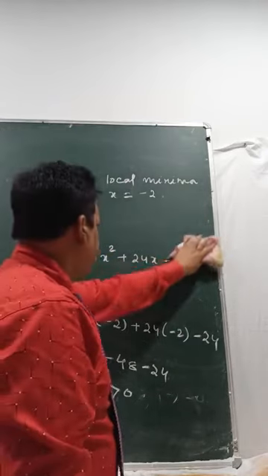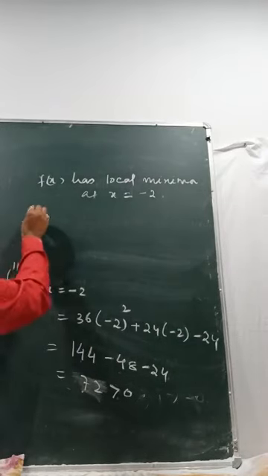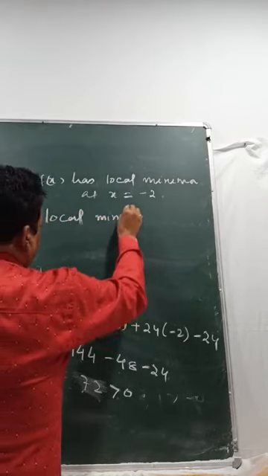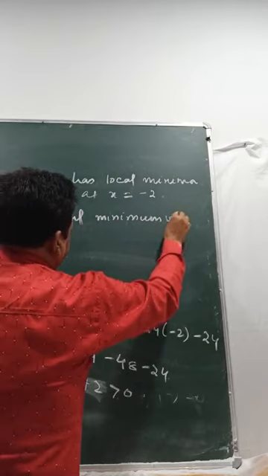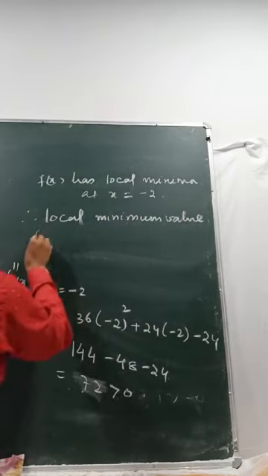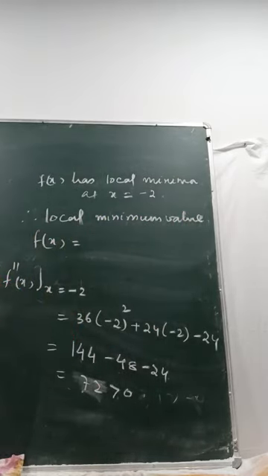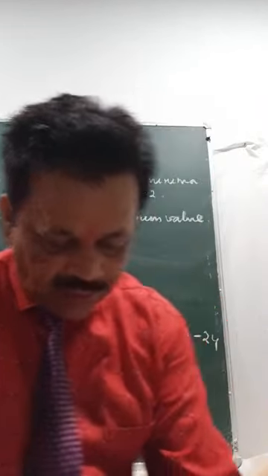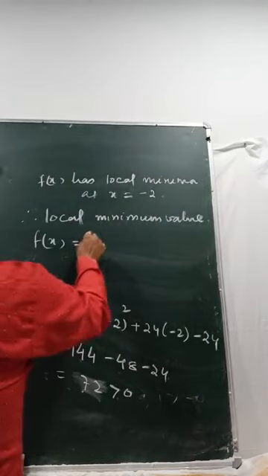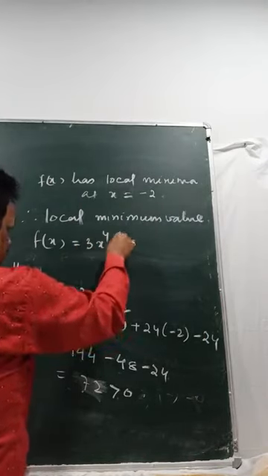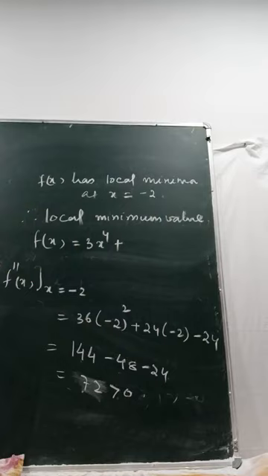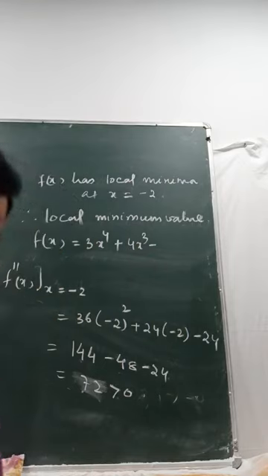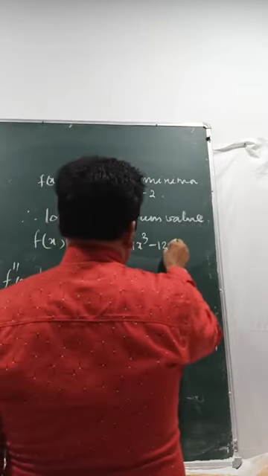Therefore, the local minimum value: where will you put it? You will put it in f(x), the function. So what is the function given to us? That is 3x to the power 4 plus 4x cube minus 12x square plus 12.